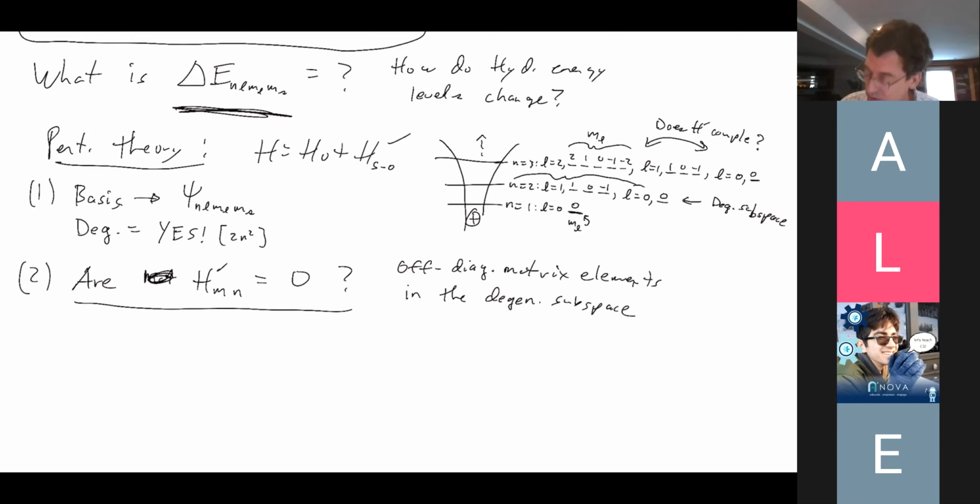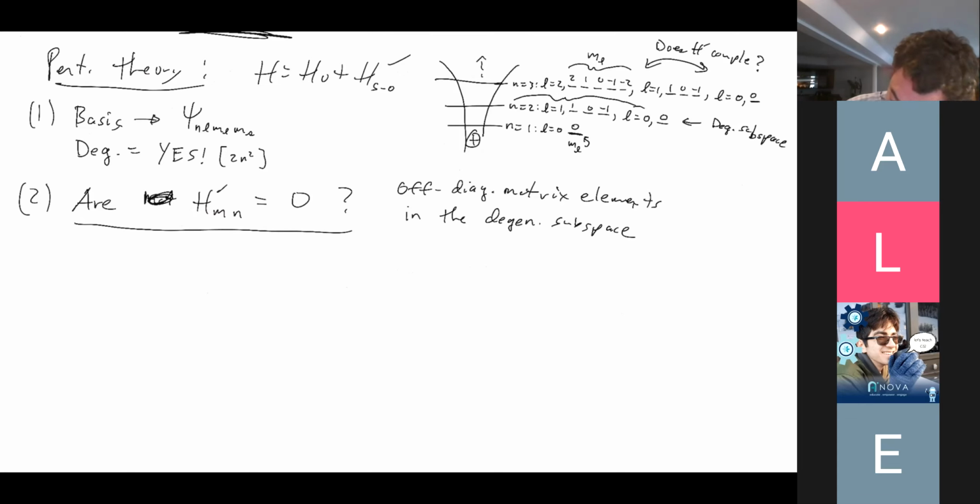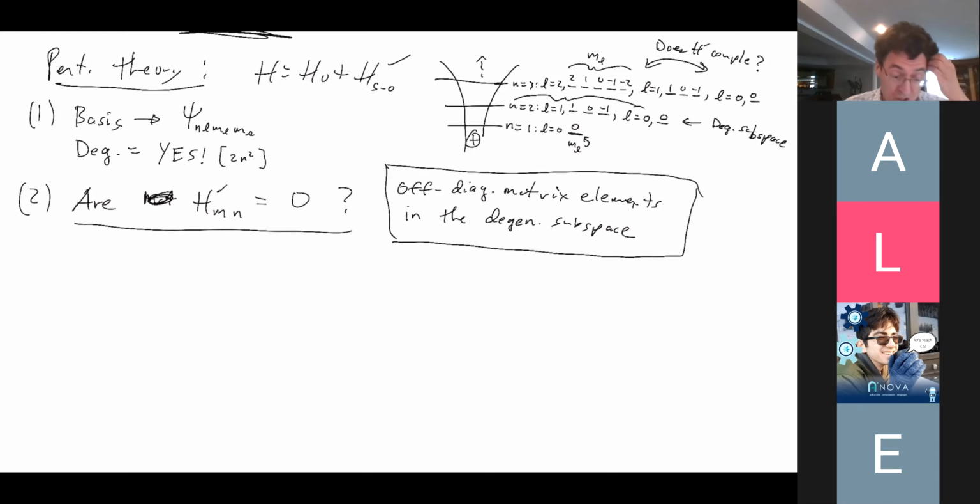That's what coupling means. People always use that word, and that's what it means. So we have to ask ourselves, are the off-diagonal matrix elements within the degenerate subspace zero? So okay, we have to answer this question.